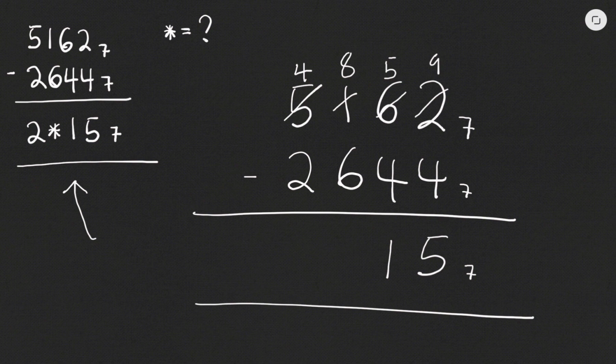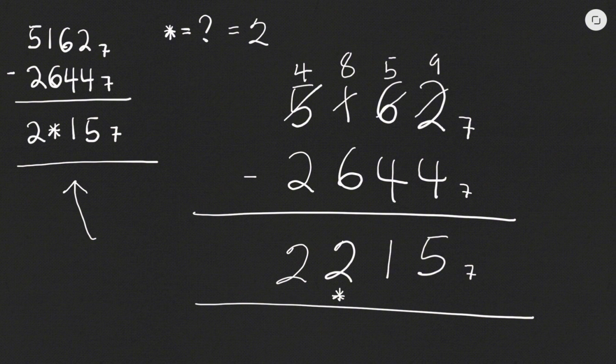So I have 8 here. 8 minus 6, that will give me 2 over here. And then I have 4 left over here. 4 minus 2, that will also give me 2. So my answer is 2215. And if I compare it to what I've been given here, it means this value over here is the asterisk. Therefore, the value of the asterisk is 2, as we've been asked to find.